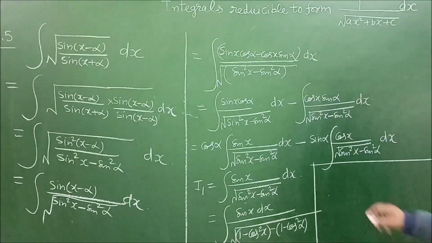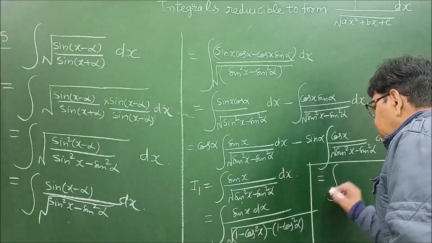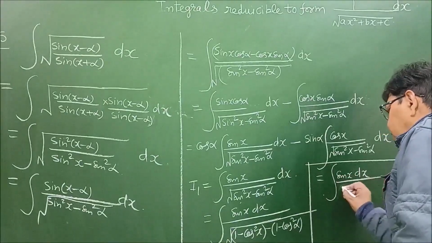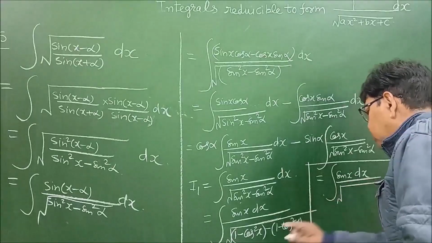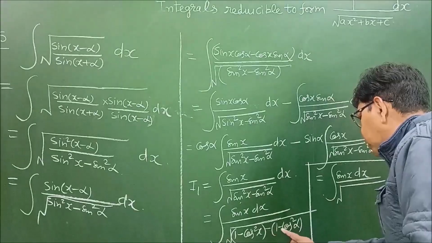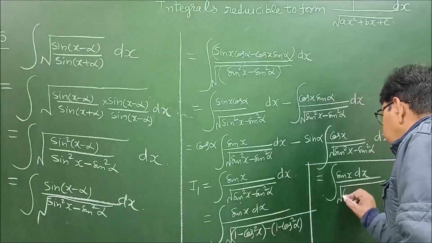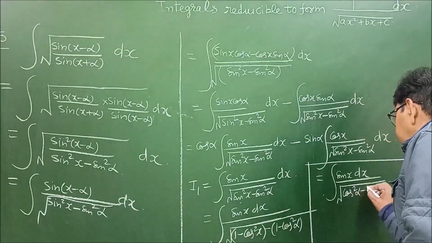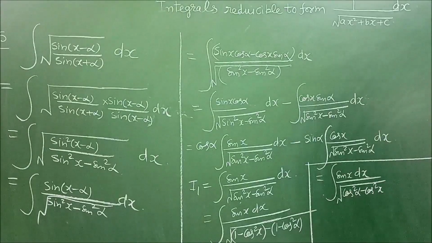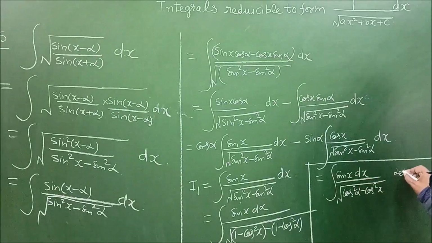So this is equal to integral of sin x dx upon under root of, this 1 and 1 get cancelled, and cos square alpha becomes positive, cos square alpha minus cos square x. Now the derivative of cos x is here, so let cos x is equal to u.